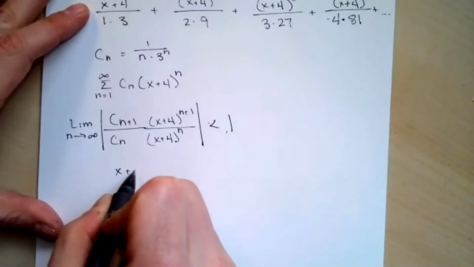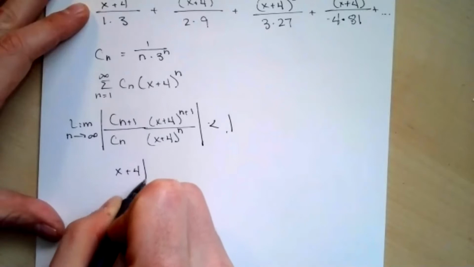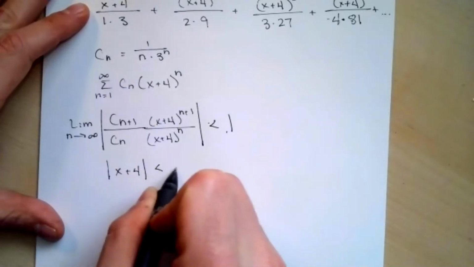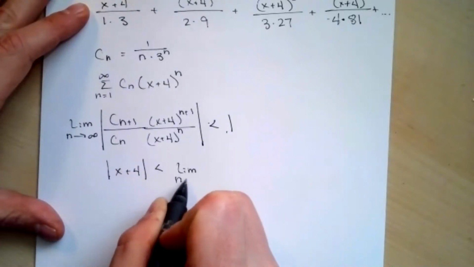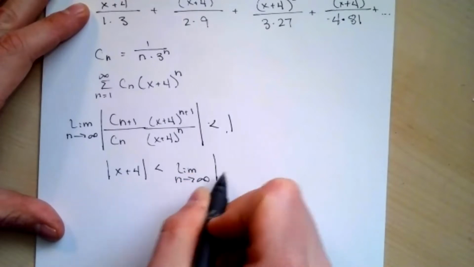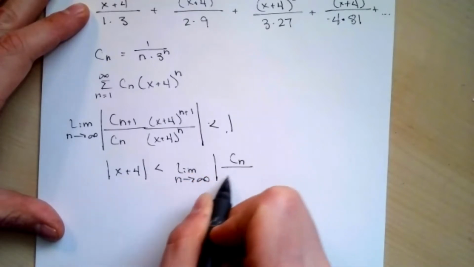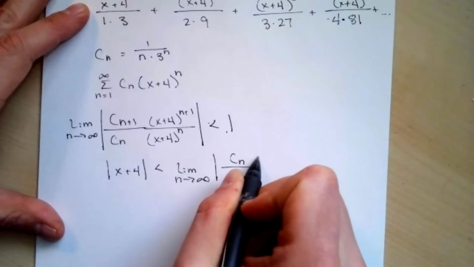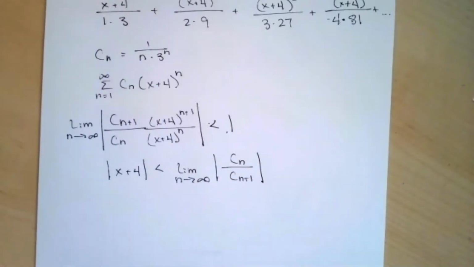In other words, we get this guy. And so now we just need to compute that limit.